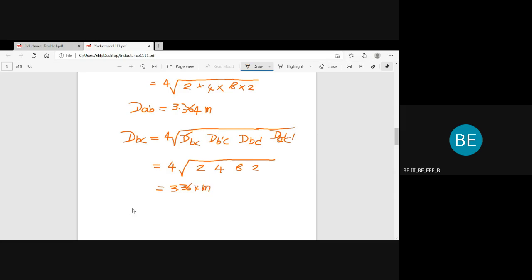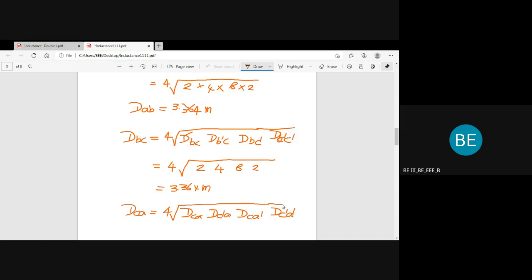So now we have to find DCA. Fourth root of D C A, D C dash A, D C A dash, D C dash A dash.